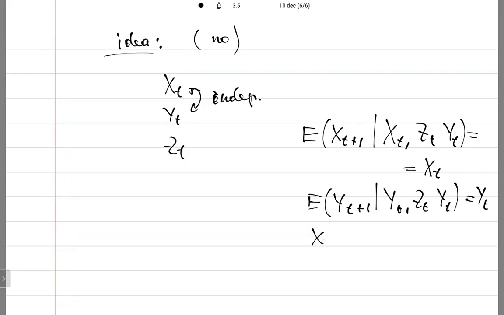But when I make a product, t plus 1, t plus 1, then something with Z appears because that has some information about the product. So that gives me no clues about X, no clues about Y, but this Z, which is dependent on X and Y, contains some information about the product.